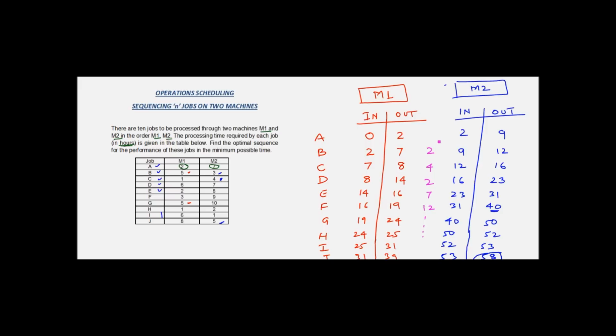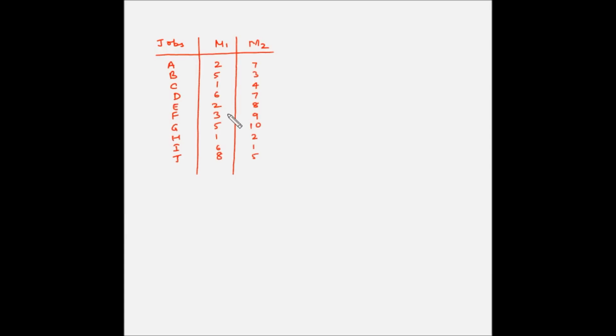So the question is, can we sequence these jobs in a different way so that the wait time reduces and thereby the overall processing time minimizes? So this is the information that has been provided to us in this example.